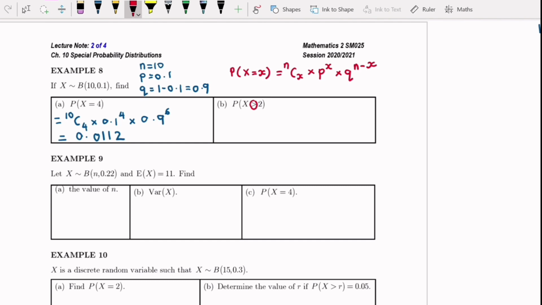So we will start our calculation from X equals 3, X equals 4, X equals 5, up until X equals 10, because our n equals 10. So P(X > 2) equals P(X ≥ 3). Now we will look at binomial table page 6 with n equals 10 and p equals 0.1 with X equals 3.